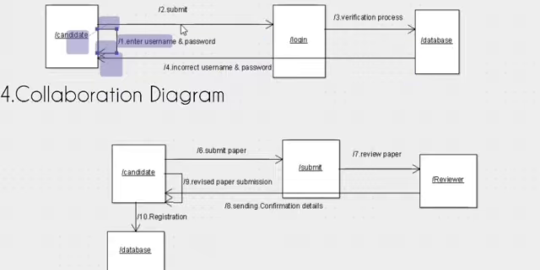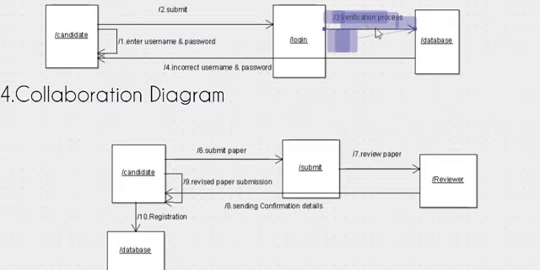These links represent the relationships between the objects, and arrows with a number. These are the messages, such as entering the username and password and the verification process. This is used in an arrow.